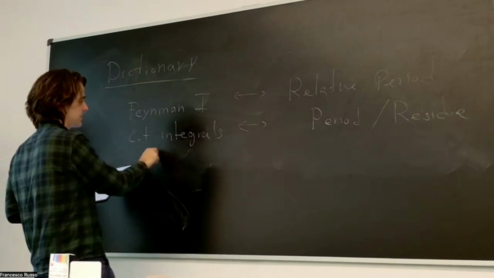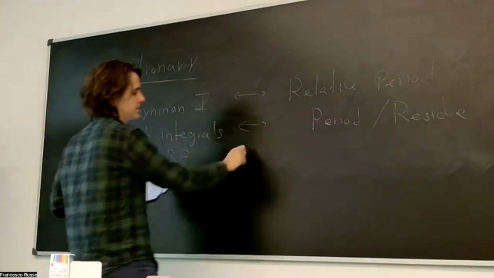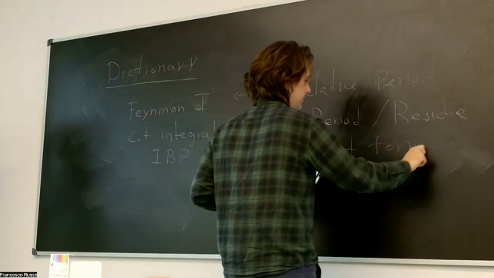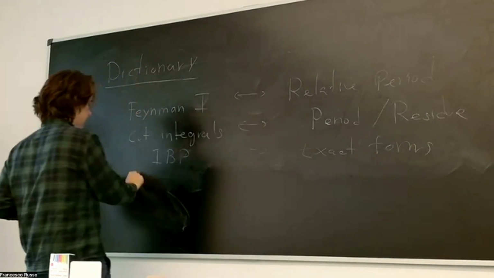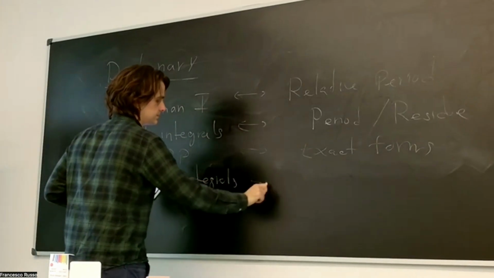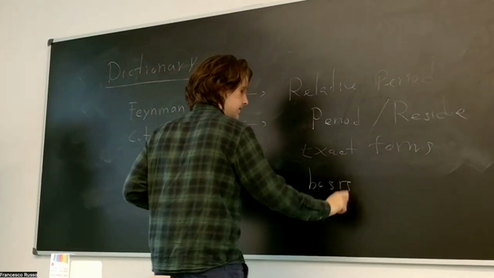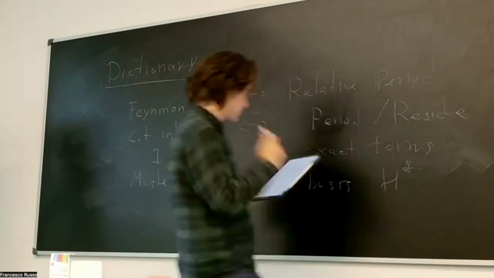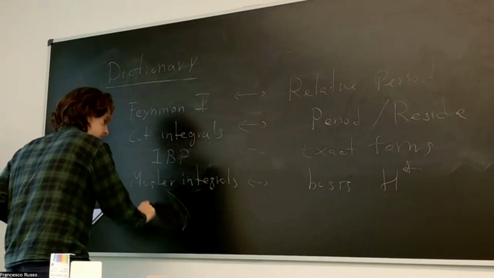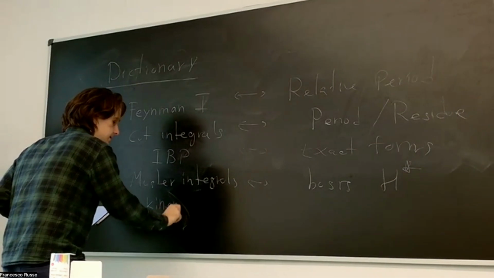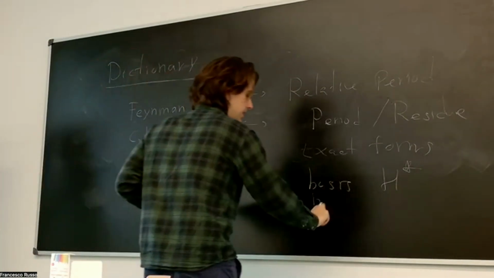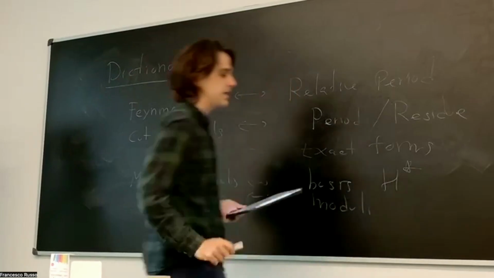Okay, or IBPs, as I already mentioned, these are exact forms. Or master integrals are just a basis of this cohomology that we're interested in. Our parameters, our physical parameters, kinematics, typically the moduli of whatever variety we're interested in.